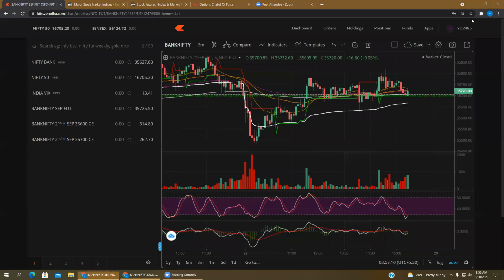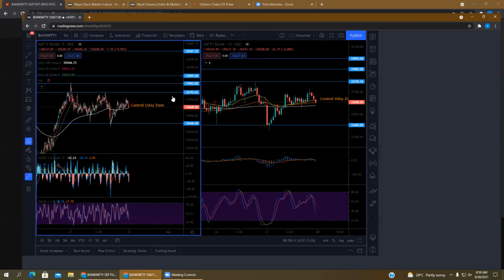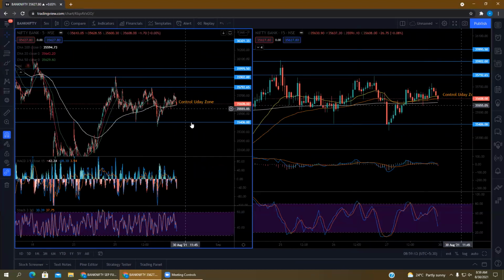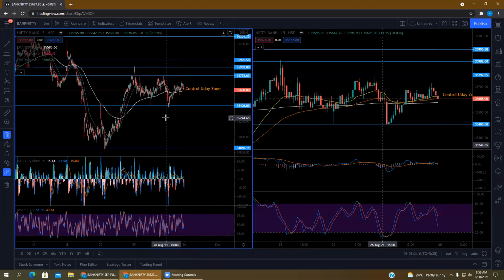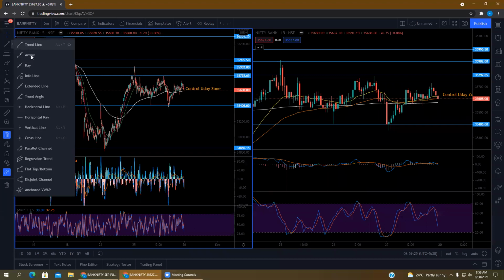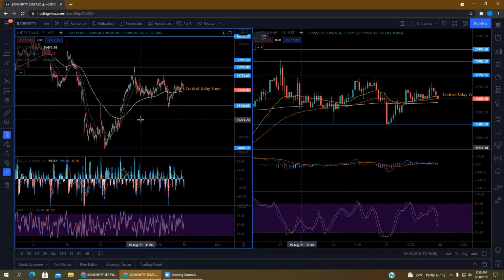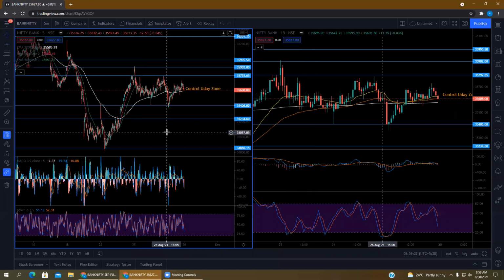On the downside, the first level I'm looking for is 35,400. If 35,400 is crossed, then I'm looking for a level somewhere here. Let me mark it for you. A level somewhere here, close to 35,200.